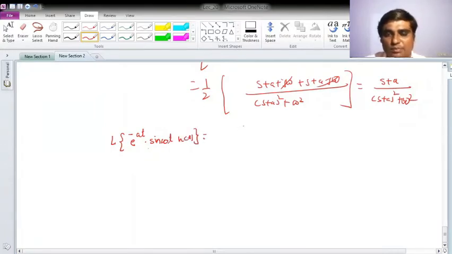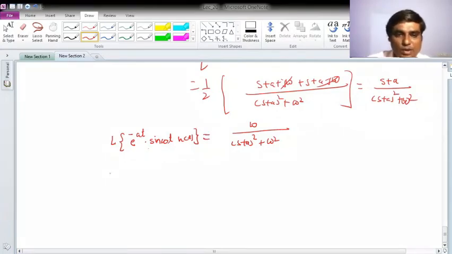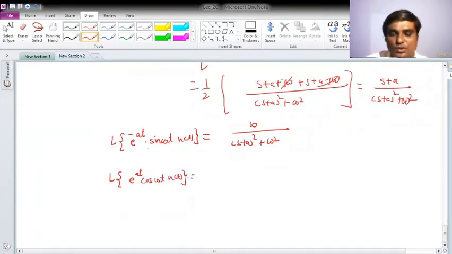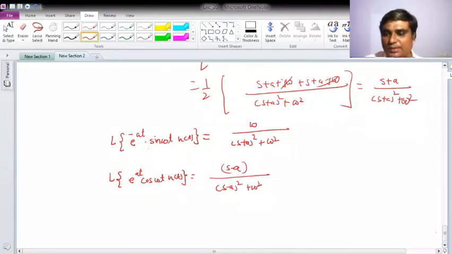So you can simply write omega over s plus a square plus omega square. You can solve, you will get the same. Or if I would like to find the Laplace transform of e raised to at cos omega t u of t, it will be s minus a over s minus a square plus omega square.